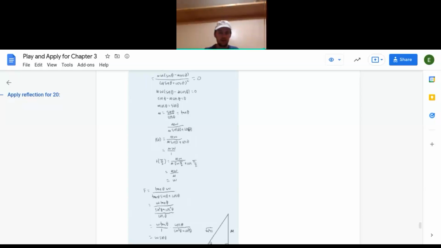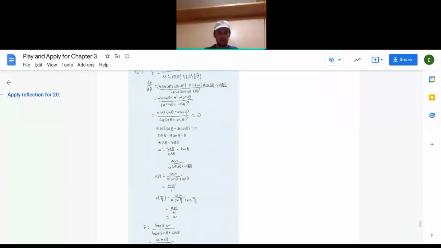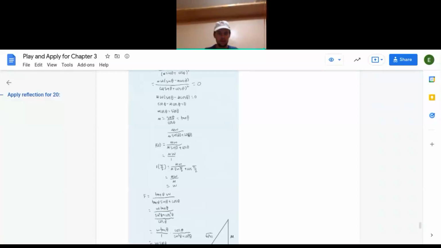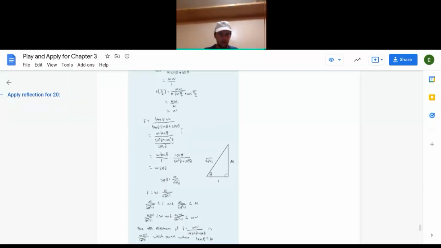And then after that, you plug in the u for tangent into the original equation, and then you simplify the equation because in the bottom you have the tangent times sine plus cosine, which becomes sine squared of theta plus cosine squared of theta over cosine of theta.